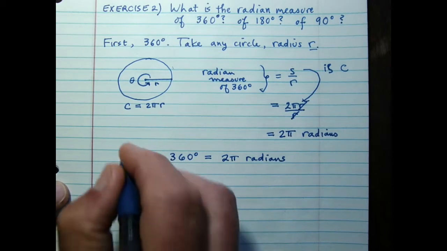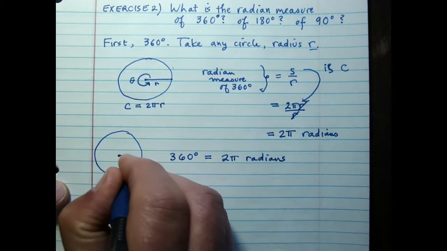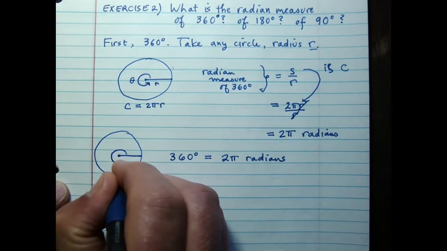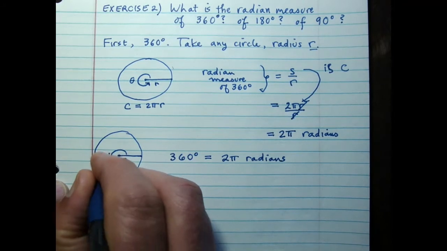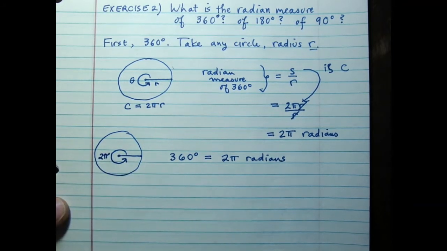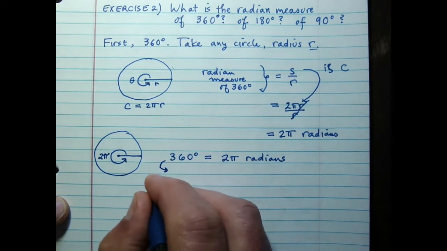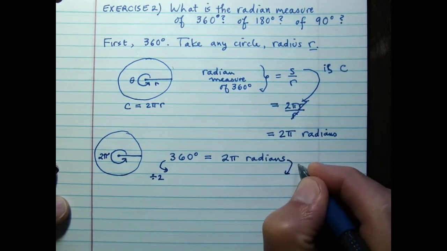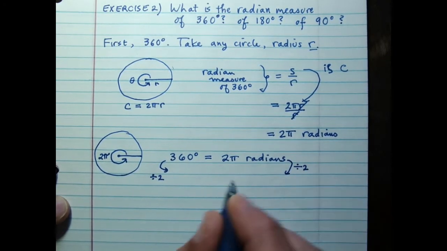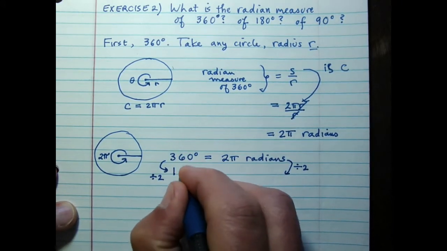And if you get used to labeling angles with radian measure, going full circle is 2 pi radians. Now, what I'm going to do is I'm just going to divide by 2. Because radian measure and degree measure are proportional to each other. So if I take half of 360, that's 180 degrees.